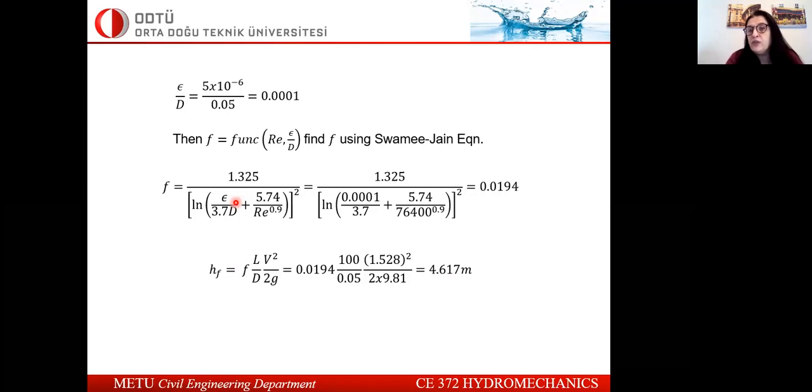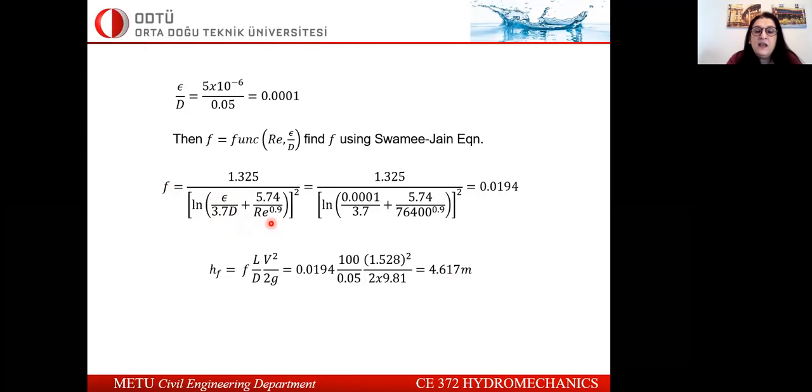Every material, of course, has its own epsilon value. But if in the statement you are given that the pipe is smooth wall, or you have hydraulically smooth flow in the pipeline, all you have to do is to take this epsilon over d ratio to be equal to 0. So your f will be just a function of Reynolds number.